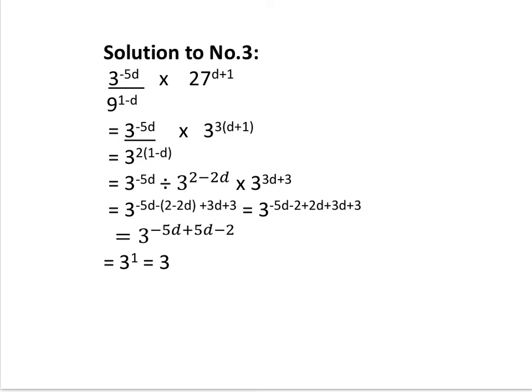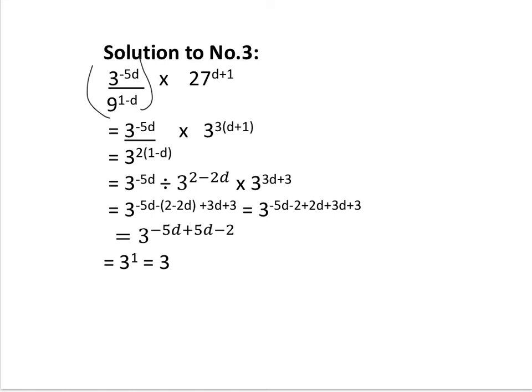Solution to number 3, question number 3. 3 raised to power minus 5d all over 3 raised to power minus 5d all over 9 raised to power 1 minus d times 27 raised to power d plus 1. So you divide through and then you multiply.